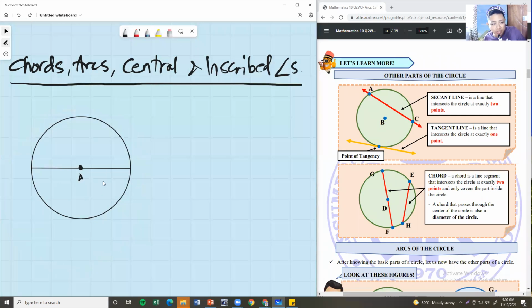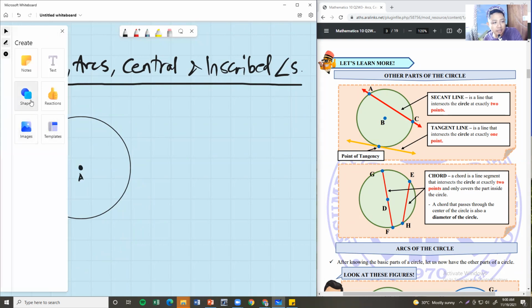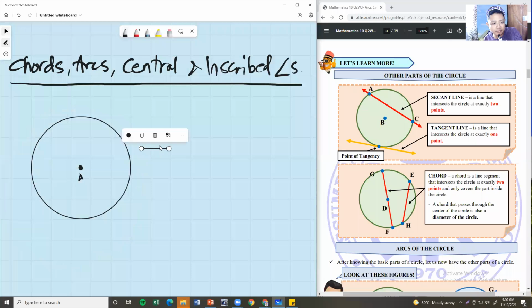So we have other lines here that we need to take note of. The first one is the secant line. A secant line is a line that intersects a circle at exactly 2 points.